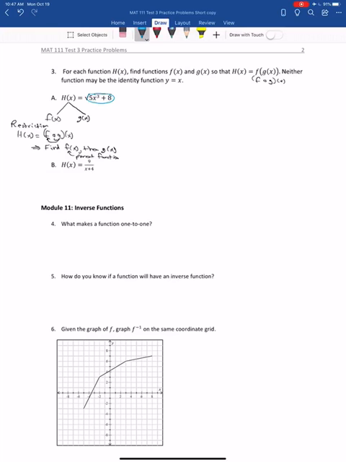It's a square root function. So to find f of x, right, our first step, all right, we're going to let x equal that. All right, let's let x equal 5x cubed plus 8. All right, so that would imply f of x would equal the square root of x, right? And again, if you want, let's put it in the same color.